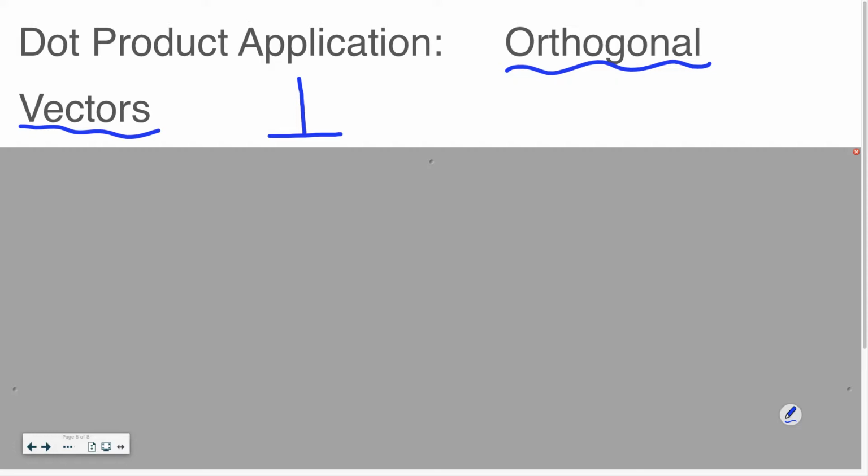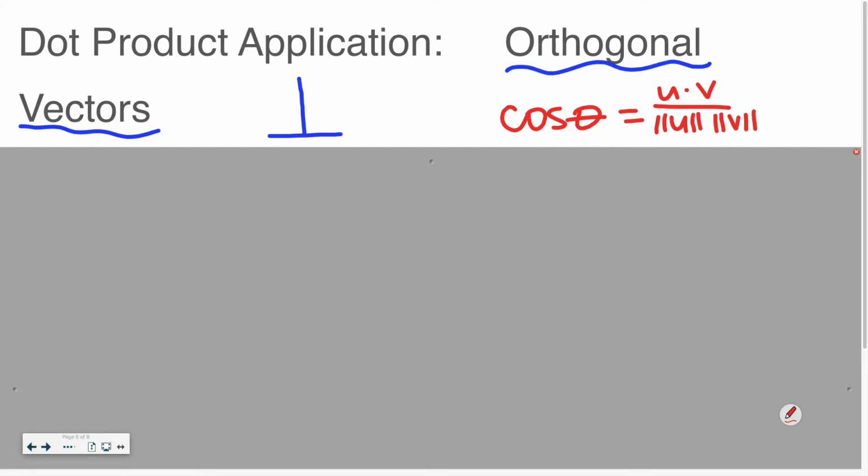All right, now let's go back to our formula. If we're perpendicular, our angle is 90 degrees.